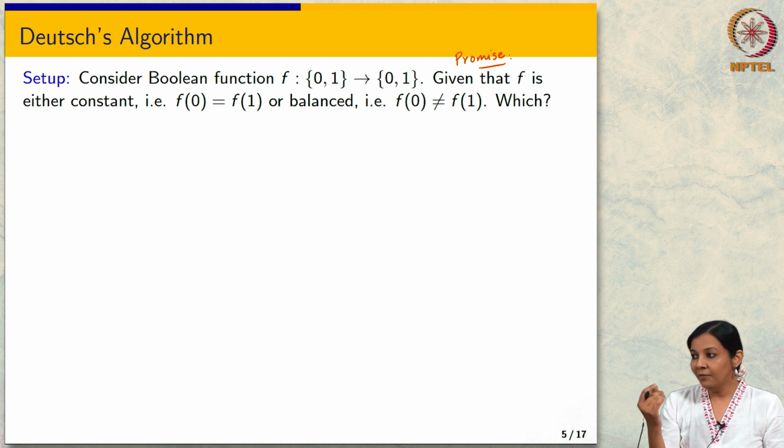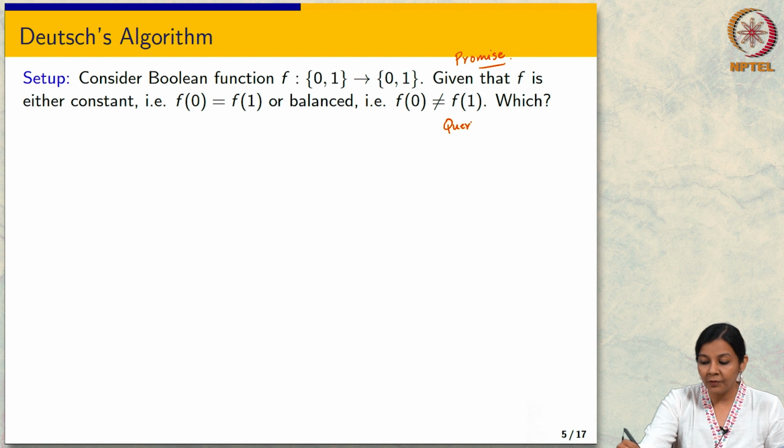In the case of a single bit output, constant just means that both outputs are 0 or both are 1, and balanced just means one is 0, one is 1, I don't care which is which. The question being asked is to figure out which one of the two this function is. And the measure of efficiency we are going to use is the query complexity to this function.